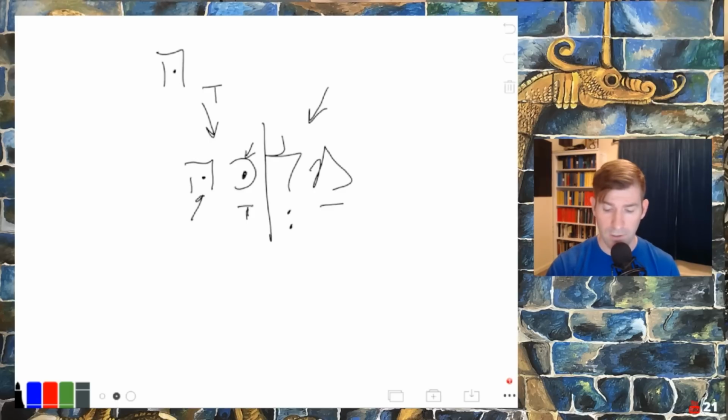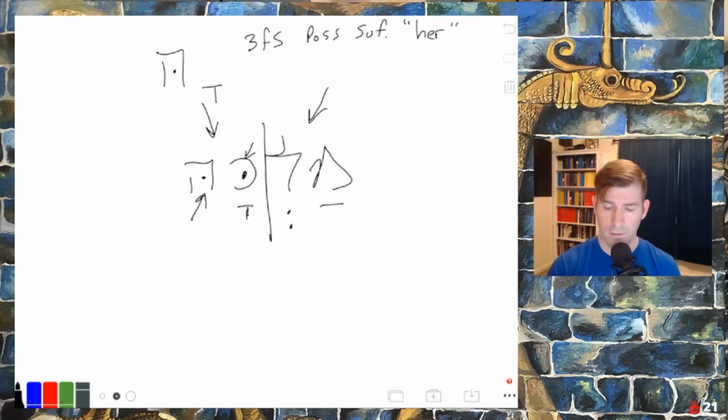But notice here, there's another dot in the hey. That is called mapiq. It shows up oftentimes, but most often it shows up in this third feminine singular possessive suffix, "her."